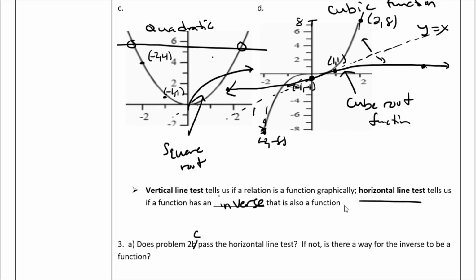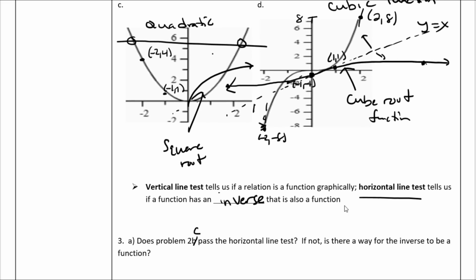Remember, the horizontal line test tells us if the function has an inverse that is also a function. So right now, we just said that the inverse here is not a function, which makes sense with the horizontal line test. So this fails the horizontal line test.